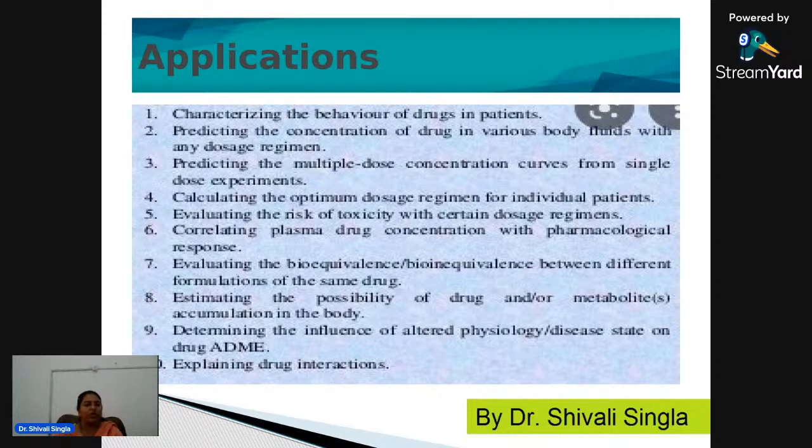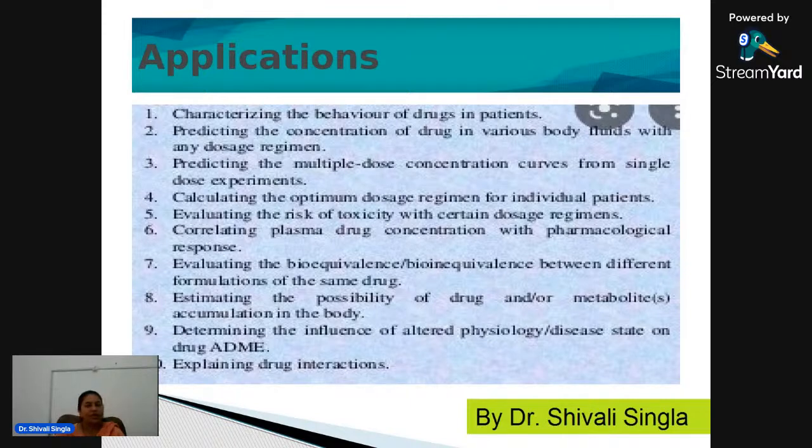With the help of these parameters, the risk of toxicity with a certain dosage regimen can be calculated. Because, as we discussed in the second point, it is useful for predicting the concentration of drug in various body fluids. When we are predicting the concentration of drug in various body fluids, it will alert us about the toxicity level.